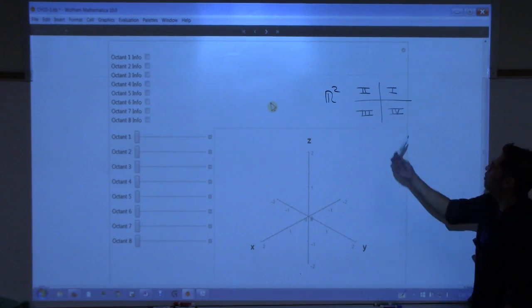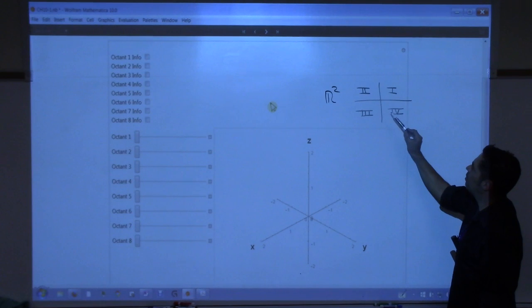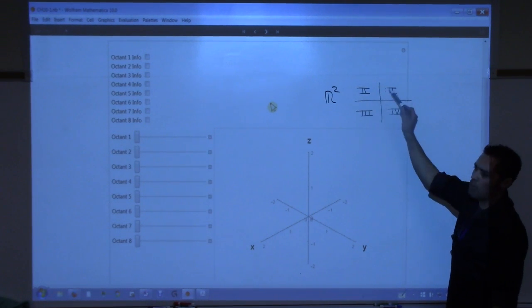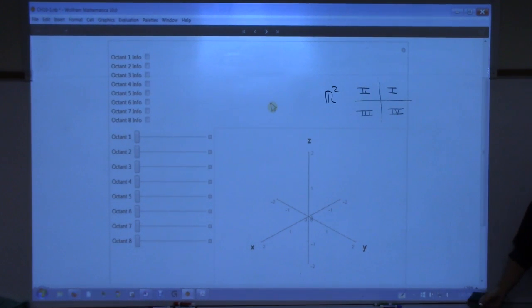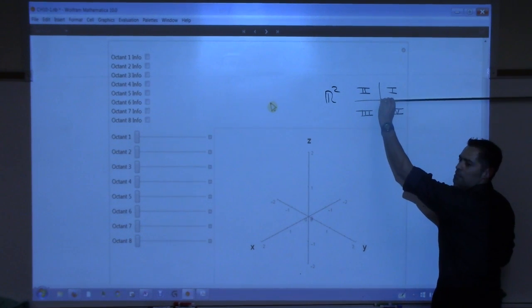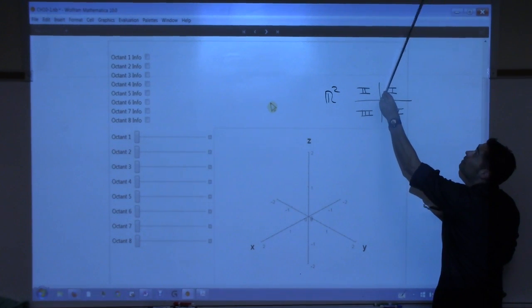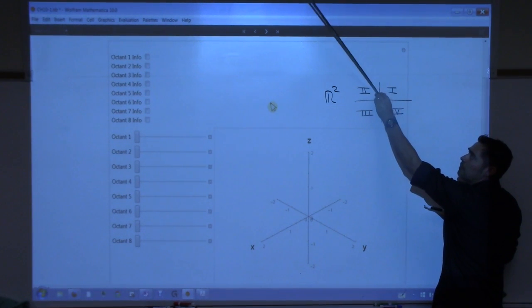And why did we go counterclockwise? Why didn't we just go 1, 2, 3, 4 clockwise? Because we always started our angle at 0, pointing out the x-axis positive, right? Then as the angle gets bigger, we go counterclockwise, right? So our angle got bigger, bigger, and then came around.